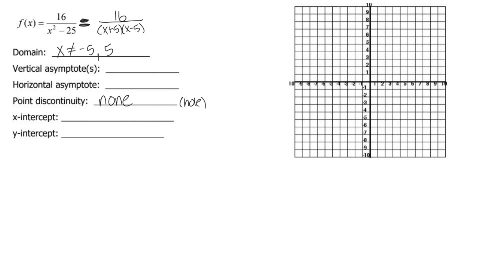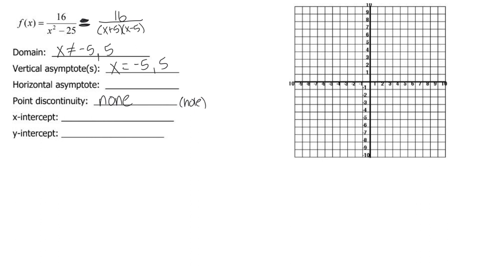Anything that stays in the denominator and does not cross out is the vertical asymptote. So because nothing crossed out, I do not have a point of discontinuity. So the vertical asymptote is just going to be the negative 5 and 5, and it's going to match the domain because I did not cross anything out.